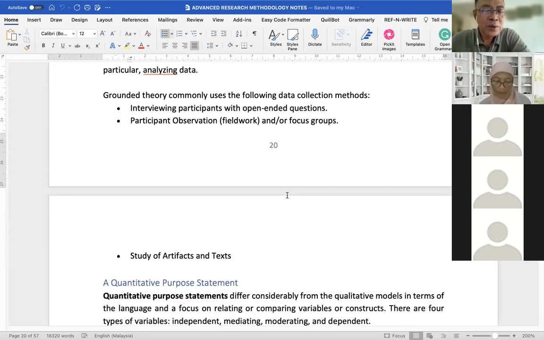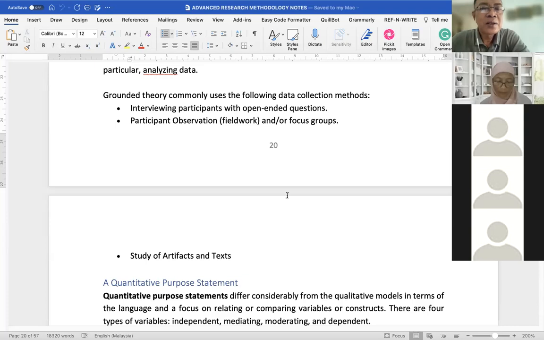Ask questions to different groups, two or more groups, to obtain the information or to get the data, right? So the questions that the researcher asks depend on the objective of the study, right?